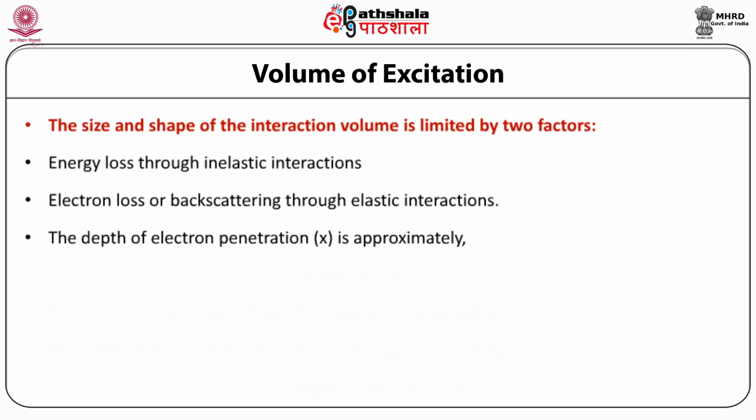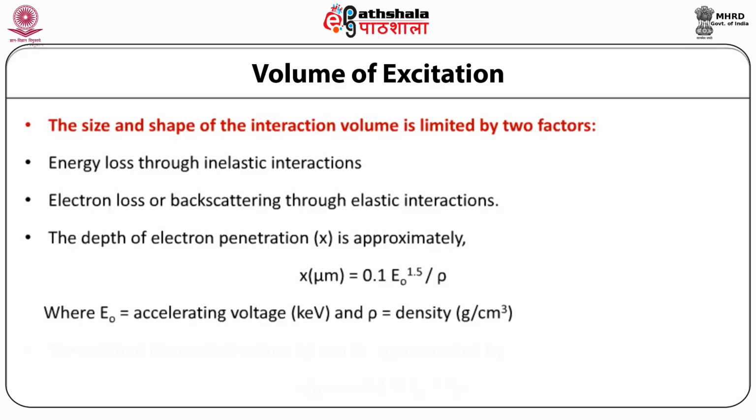The depth of the electron penetration x is approximately x = 0.1 E0^1.5 divided by rho, where E0 is the accelerating voltage in kilo electron volts, and rho is the density, generally termed in grams per centimeter cubed.